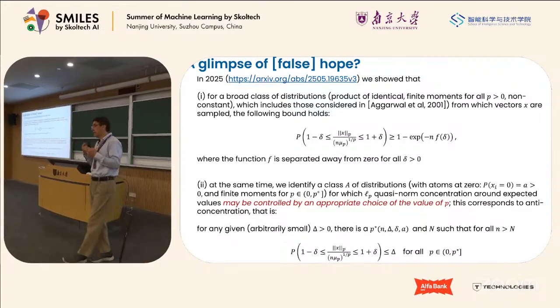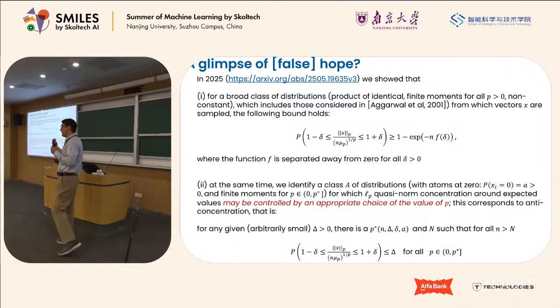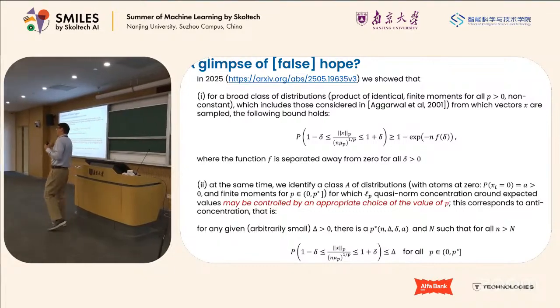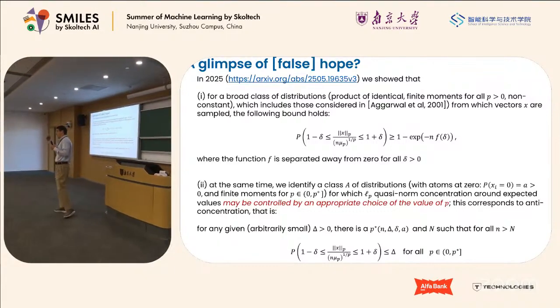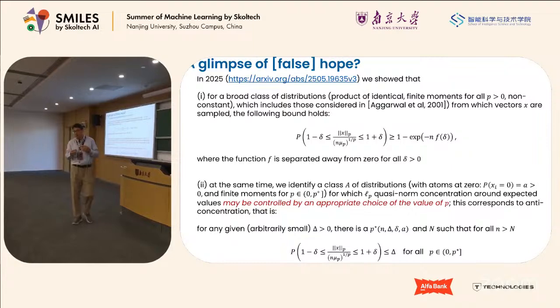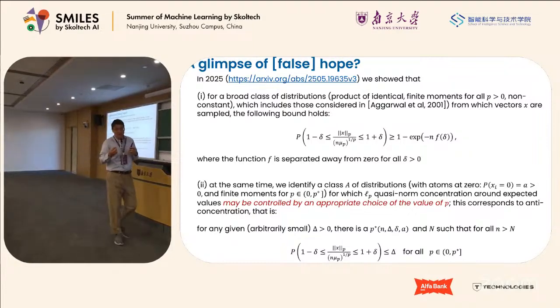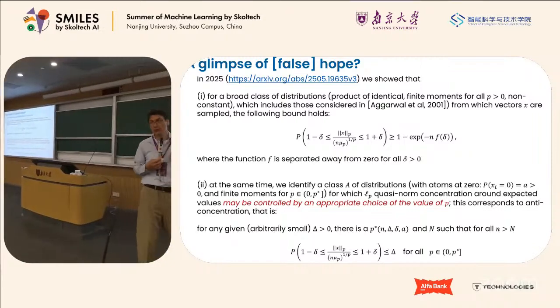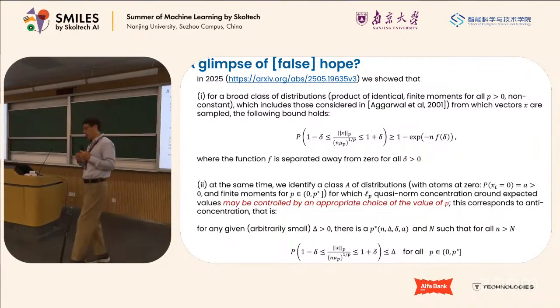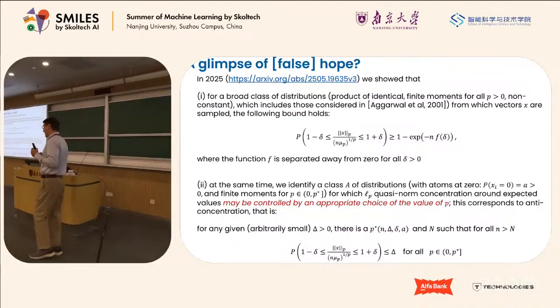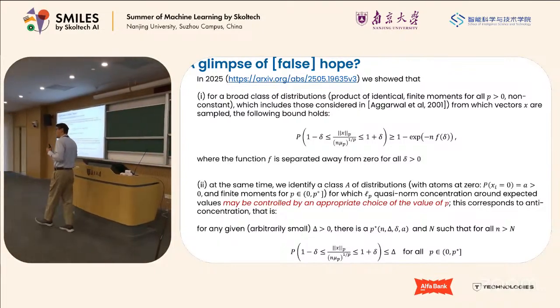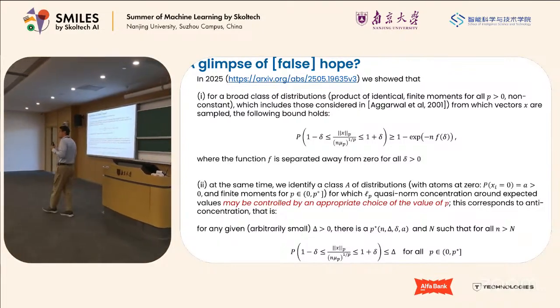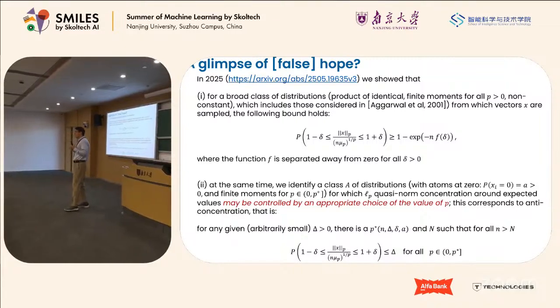So if you have data where 0 is an admissible value of each attribute, and this probability is non-zero, then for these cases you have an opposite effect.